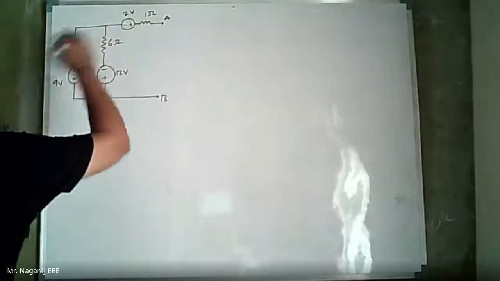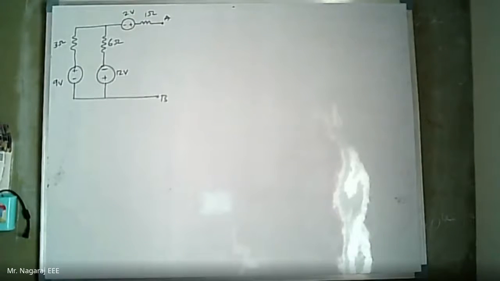Now I can convert this voltage source into the current source, or I can convert these voltage sources into the current sources. First I have to do the same thing because there is no current source that can be converted to voltage source. Only voltage sources I have.